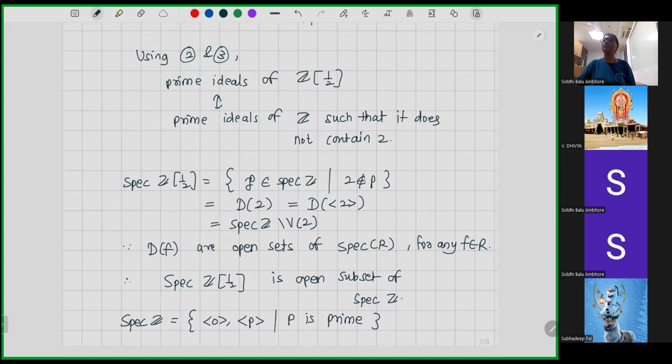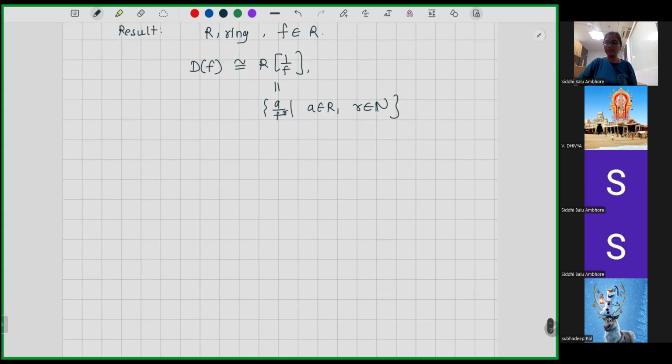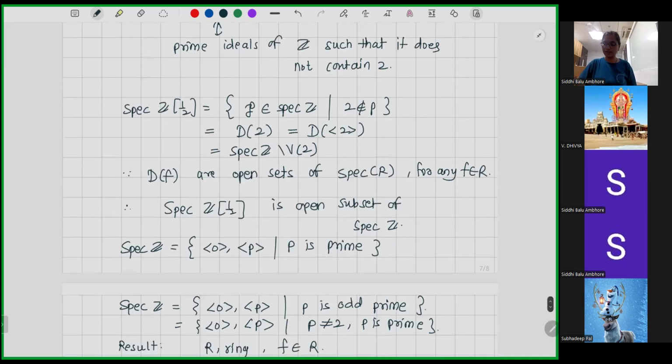Then it becomes D(f), and so on. It clearly follows from the definition. If you have any doubt, please let me know. But this is quite straightforward, that this is true for any element f.